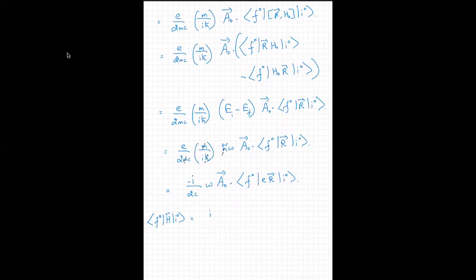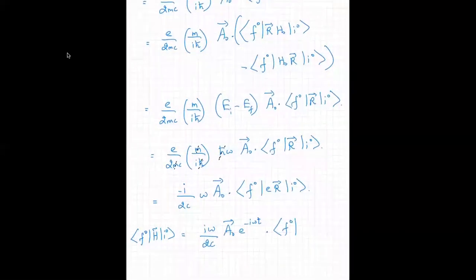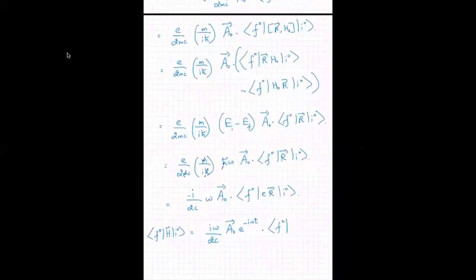So I'll have i omega over 2c A0 e to the minus i omega t dot F0 minus e r I0.